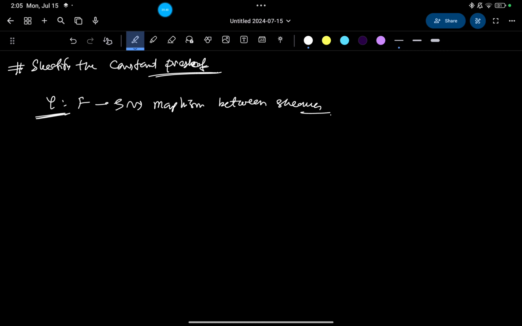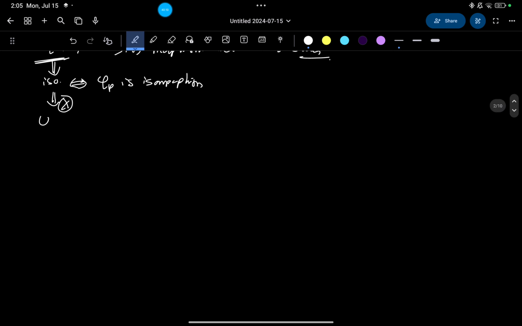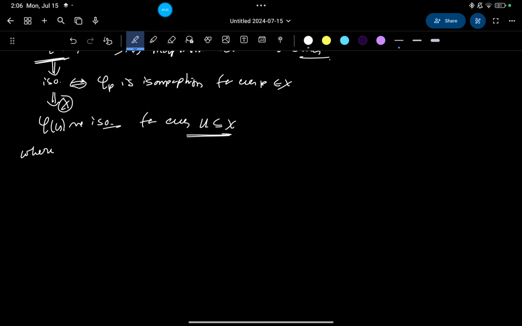I have already said that it is an isomorphism if and only if phi_p is an isomorphism for every p belongs to X, but this may not imply that phi_U is an isomorphism for every U subset of X. It may not be true. So the question is where the problem happens.